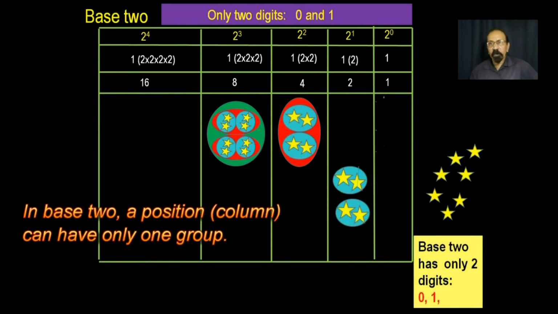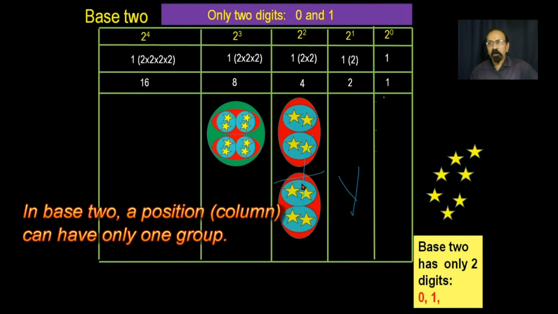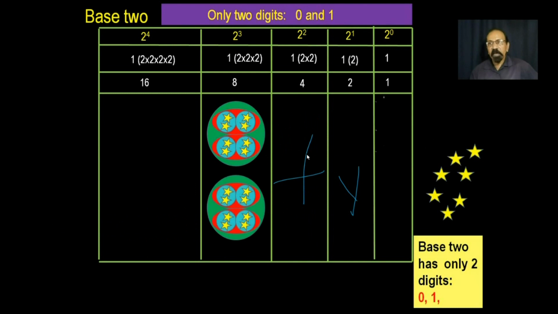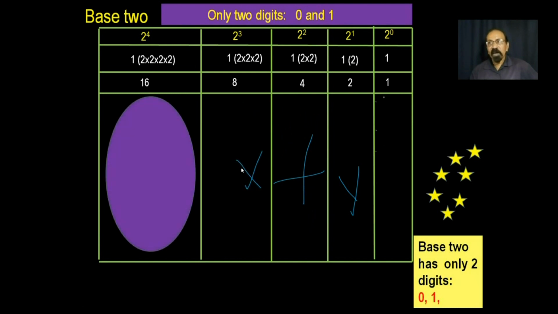We can't have 2 here, and then we can't have 2 here, and then we can't have 2 here. So now at this point, we have one group of 2 by 2 by 2 by 2. Let's look at that.